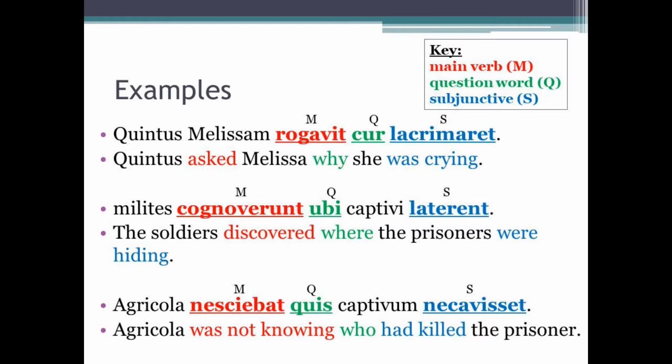Agricola nesciebat quis captivum necavisset. Agricola did not know who had killed the prisoner. And in all of these examples, I've colour-coded the three main words which you'll need to look out for in an indirect question.